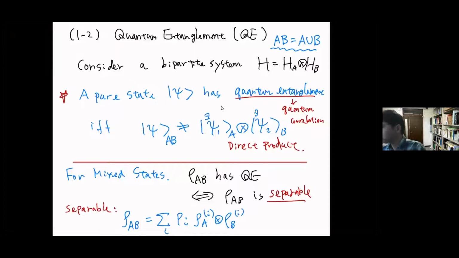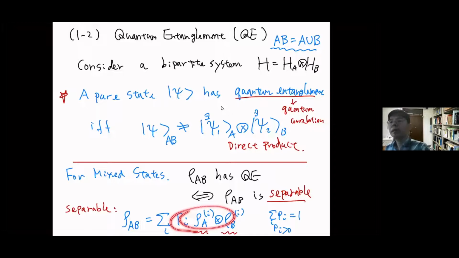This is not just a direct product state; it is a more relaxed condition. Pi is some positive number, a probability distribution, so that the total sum is 1. The point is that these two states are factorized this way. So this is called a separable state. In that case there is some correlation related to this Pi, but this is classical correlation. We say this is nothing quantum, because we can realize this in a classical way, just a classical probability distribution.